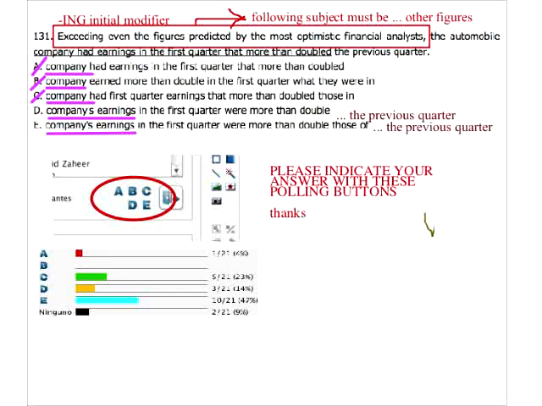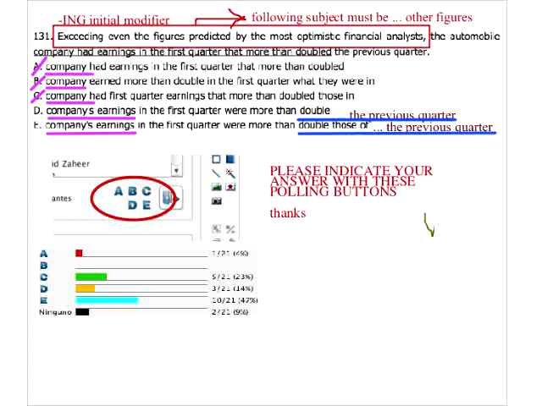What we want is you have to make sure that your comparison makes sense. So the problem with D is that D says double the previous quarter itself, which is not okay, because you can't take a quarter and multiply it by 2, a quarter being a period of time. Instead, what you need is double the earnings of the previous quarter.